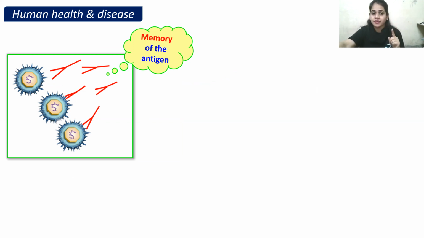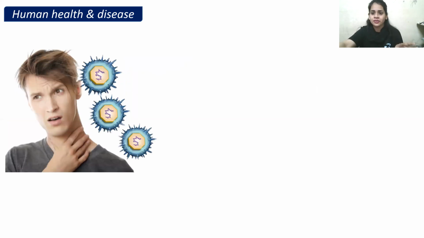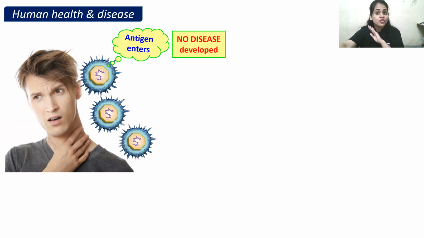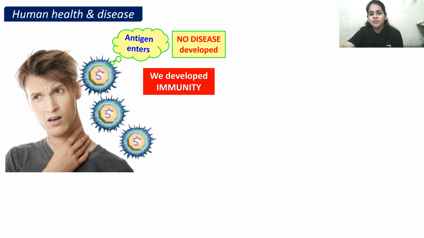And when the same antigen comes again, then the disease does not develop. Why? Because it is already stored in our immune cells about the same pathogen. So in the second encounter, the immune cell starts producing antibodies at a very quick rate and we develop immunity.